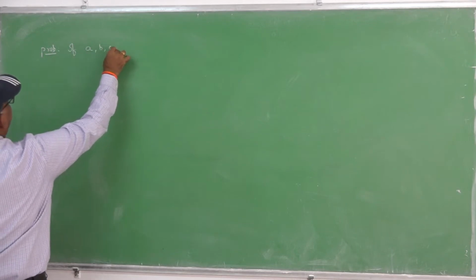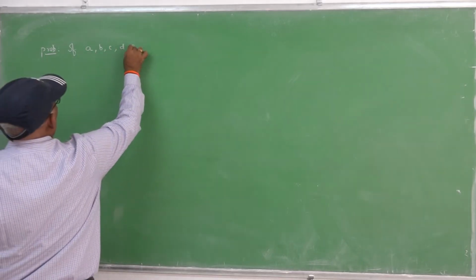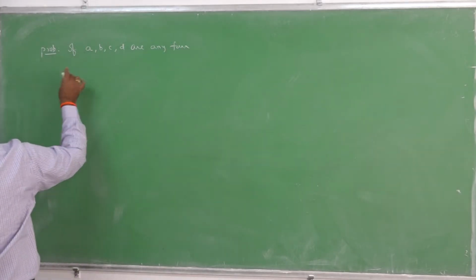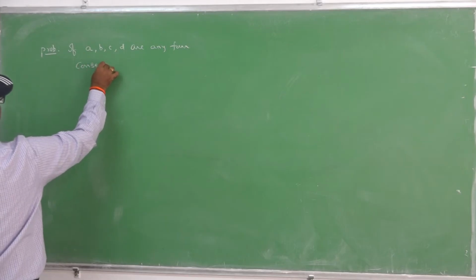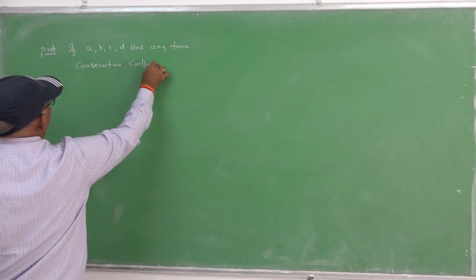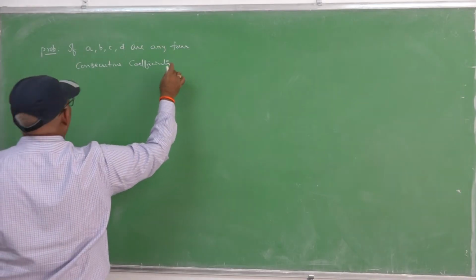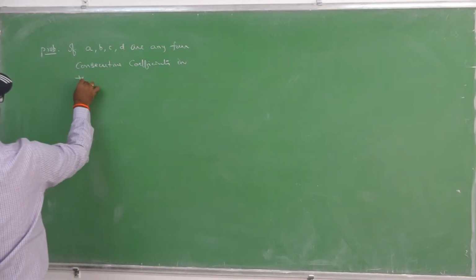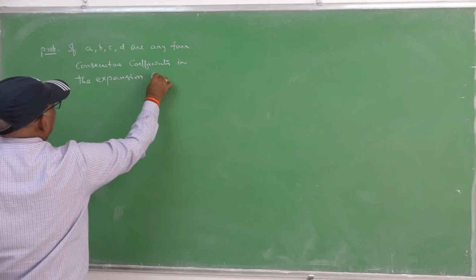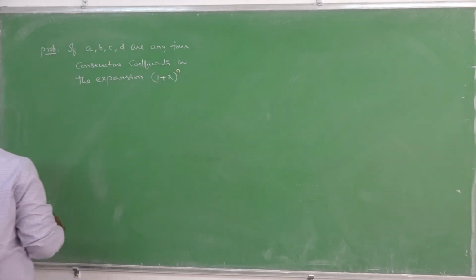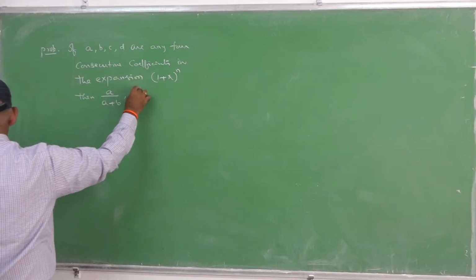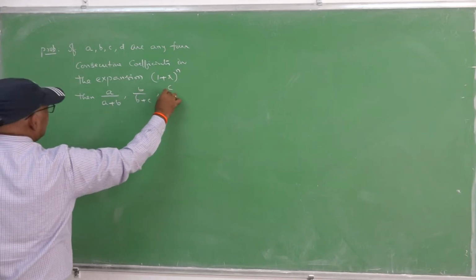If A, B, C, D are any four consecutive coefficients in the expansion of (1 plus x) whole power n, then a by a plus b, b by b plus c, c by c plus d are in.